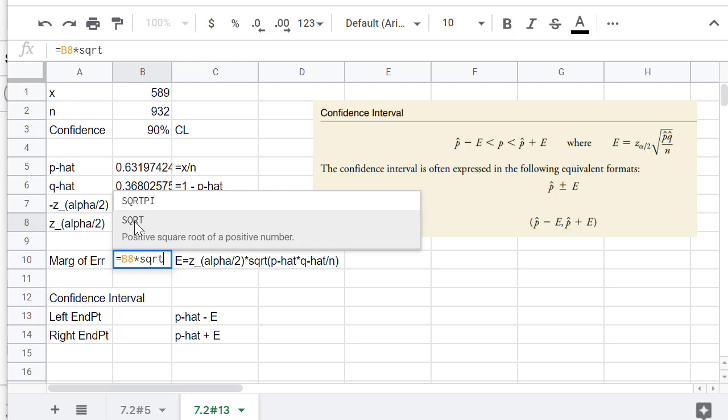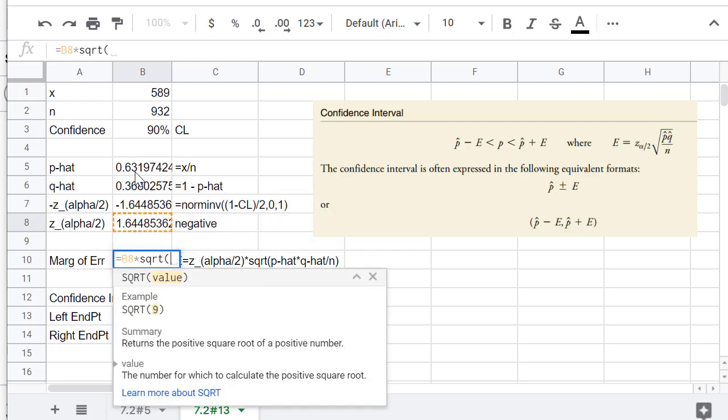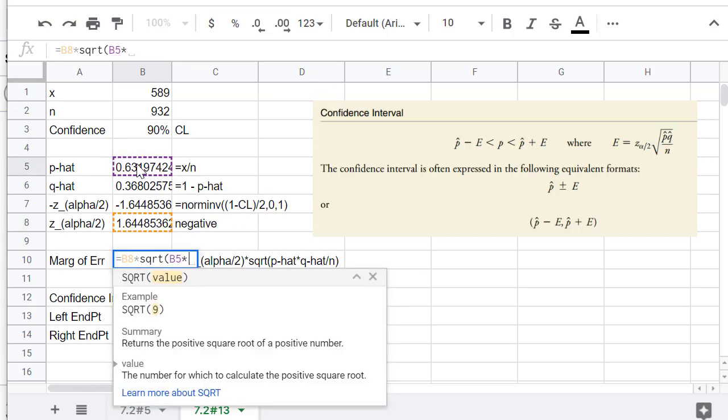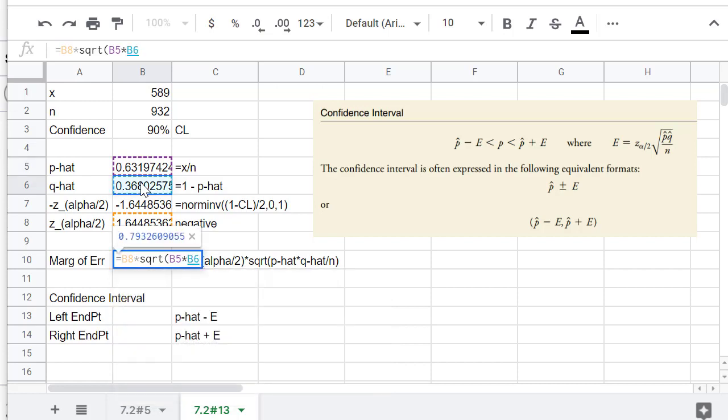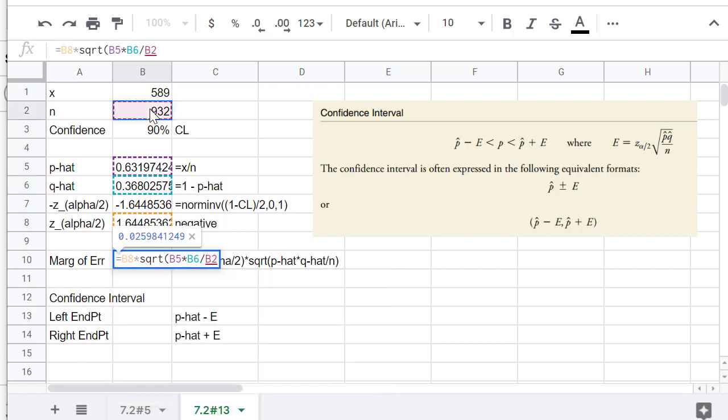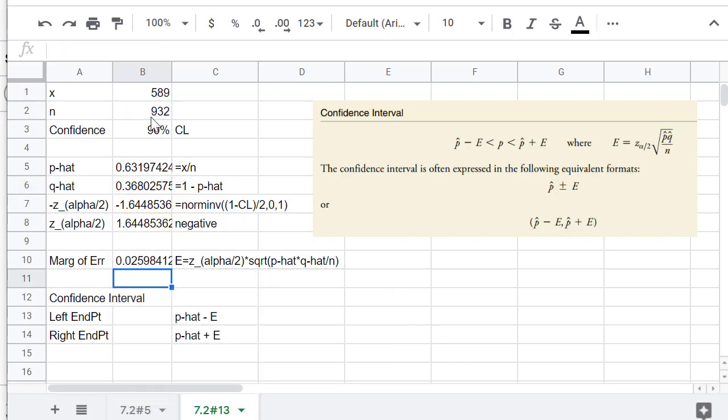We have to type SQRT, and then inside of the square root we have a P hat times a Q hat divided by N. Close the parentheses. And we have a margin of error of 0.02592598.